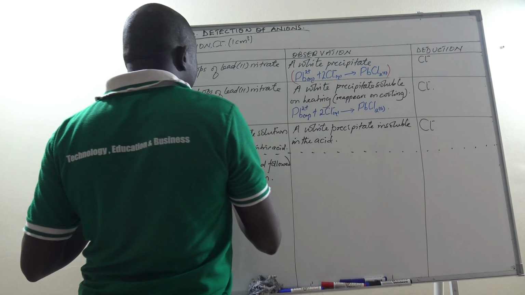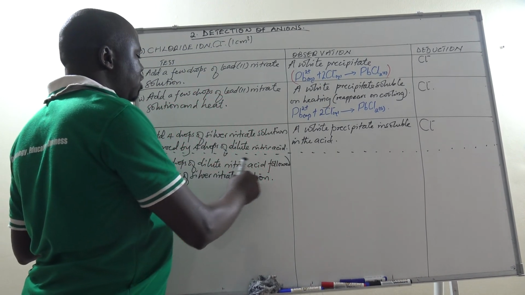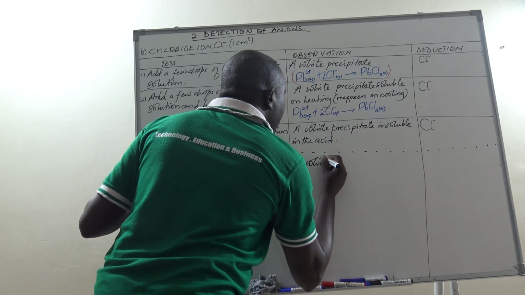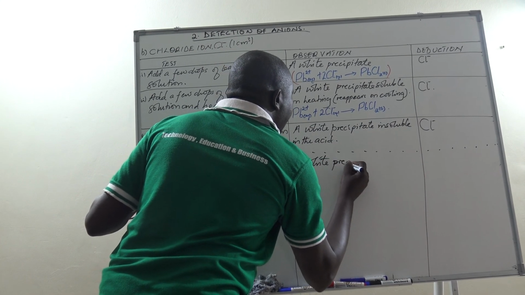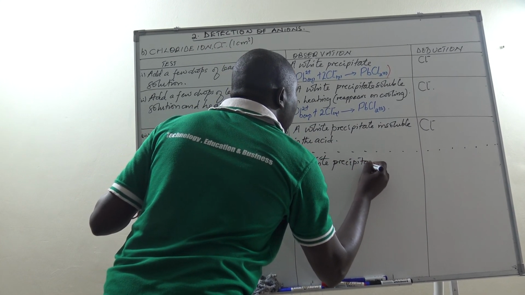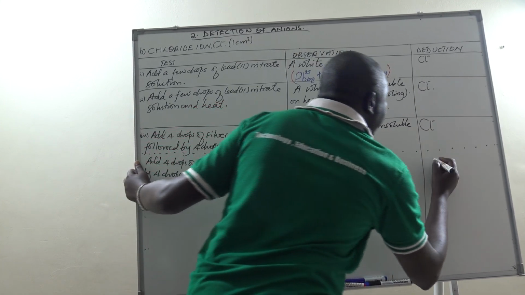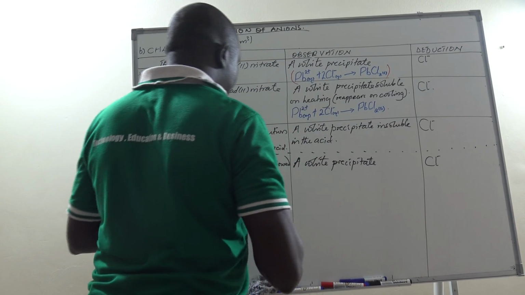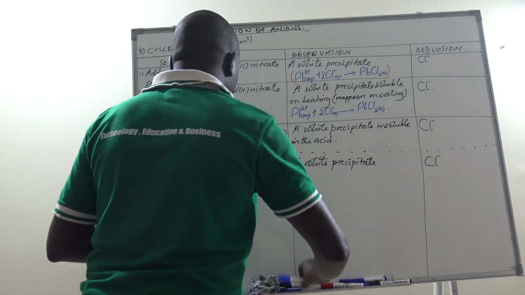So if you have added the acid first, then add the silver nitrate solution later on, you are going to get a white precipitate. And it is an indicator that there is a chloride ion. Now, let us see the reaction equation here.